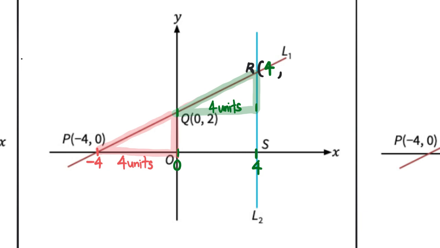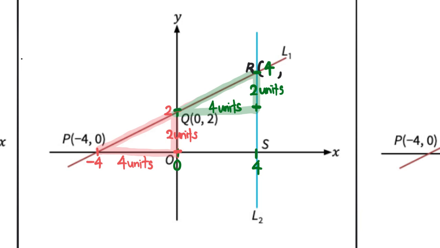Now go for the y coordinate, from 0 to 2. It is 2 units here, meaning from here to here it should also be 2 units.